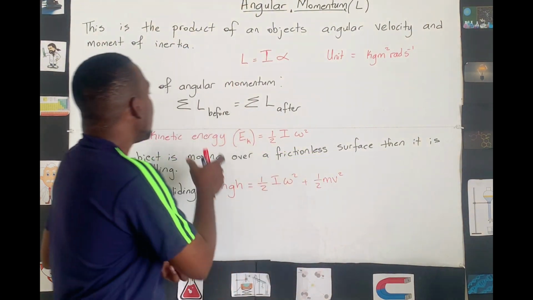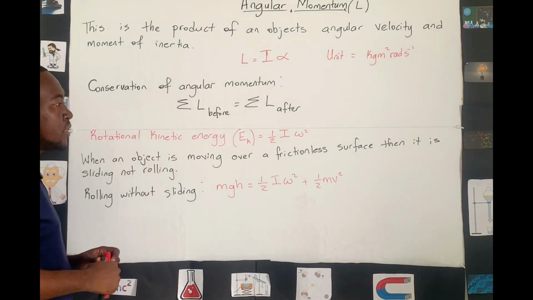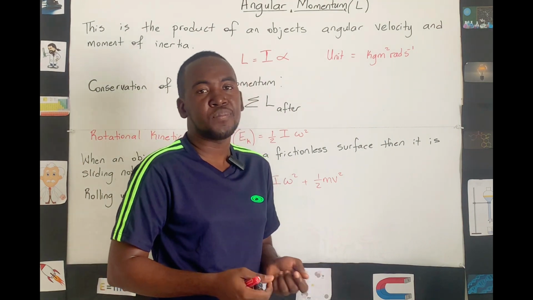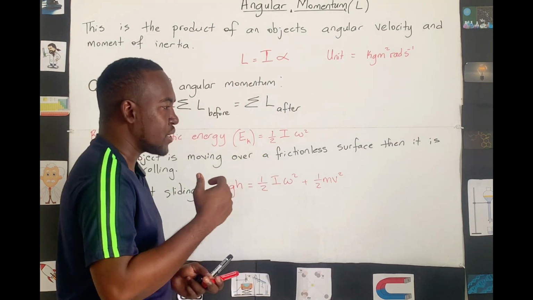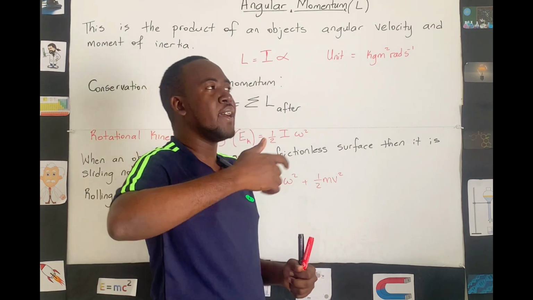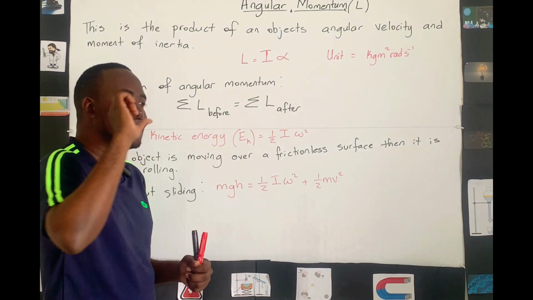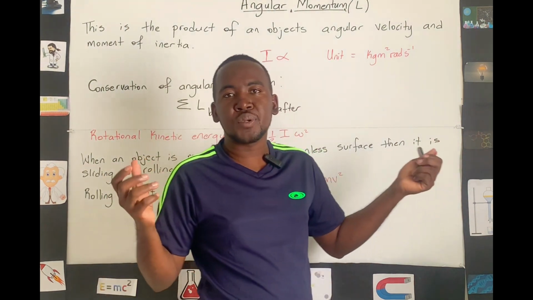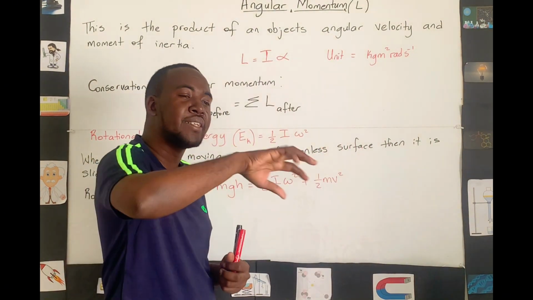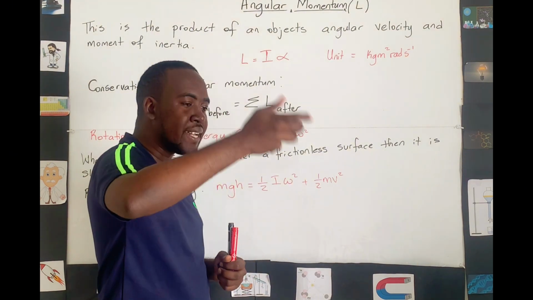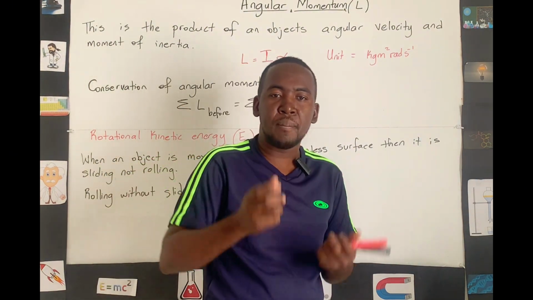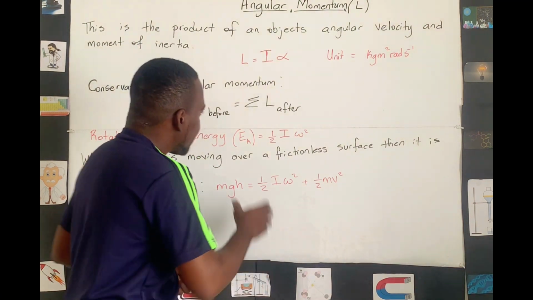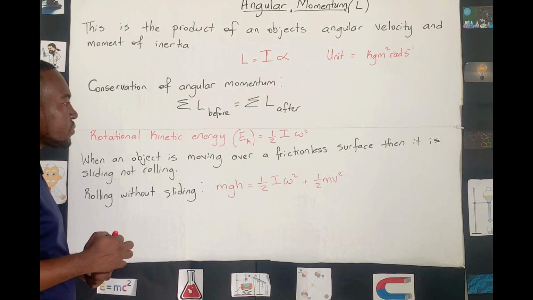Therefore, the sum of angular momentum before is equal to the sum of angular momentum after. Imagine a spinning disk, and as it's spinning, we add a little mass to it. Without any external forces acting on that spinning disk, when we add that mass, the angular momentum will be conserved. And that's what this relationship tells us.